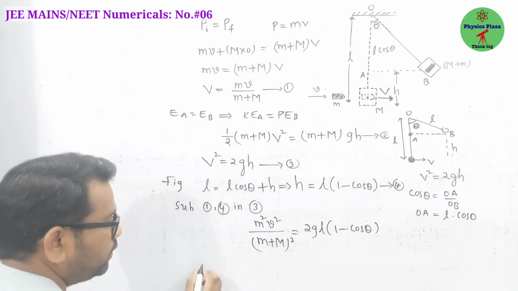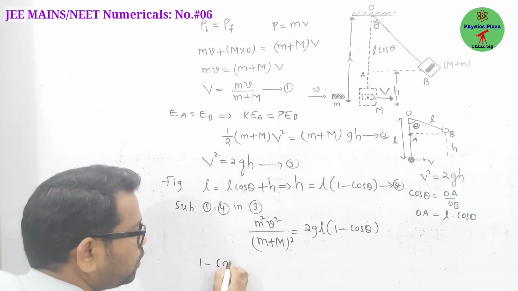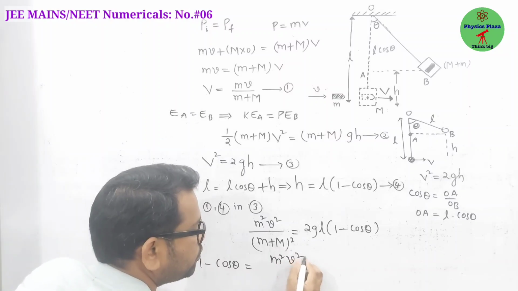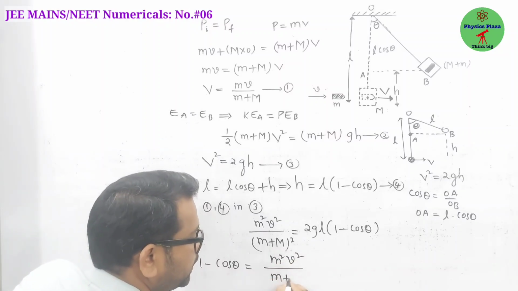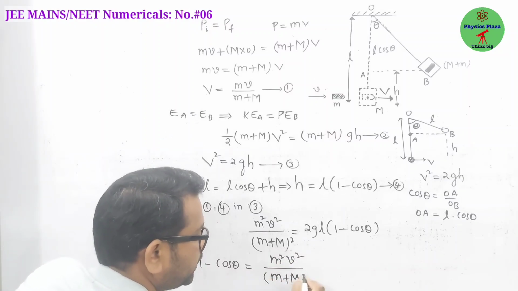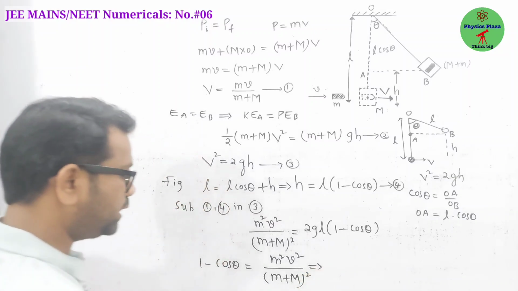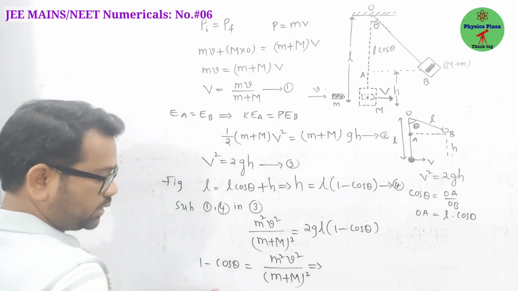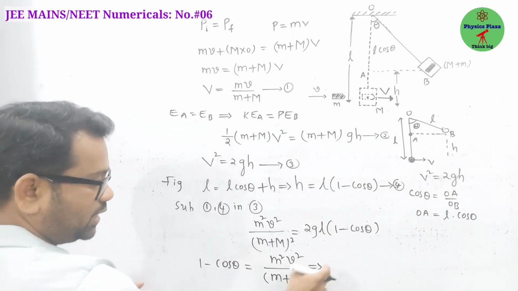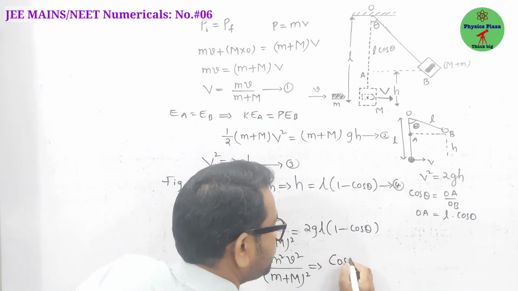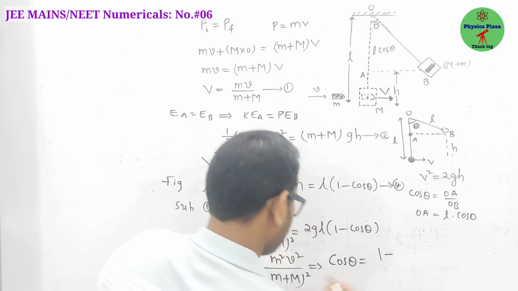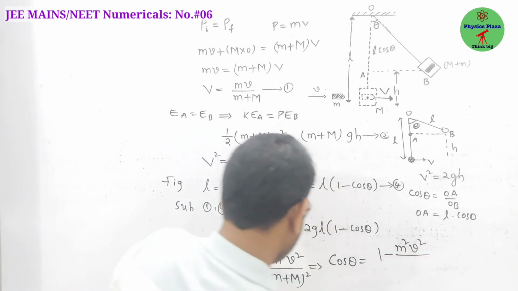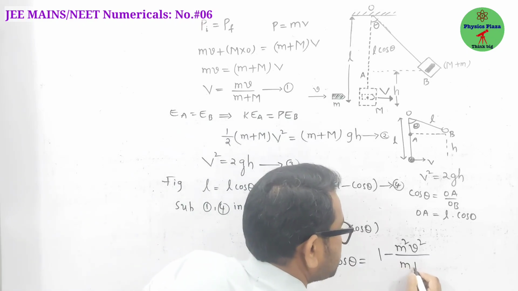Then 1 minus cos theta is equal to m square v square by (m plus m) whole square. So cos theta you can take to the left side and the entire term to the right side. It can be written as cos theta is equal to 1 minus m square v square by (m plus m) whole square.